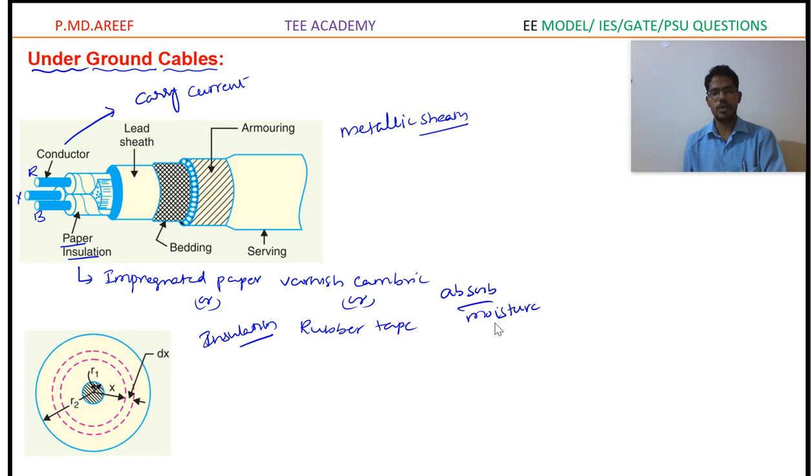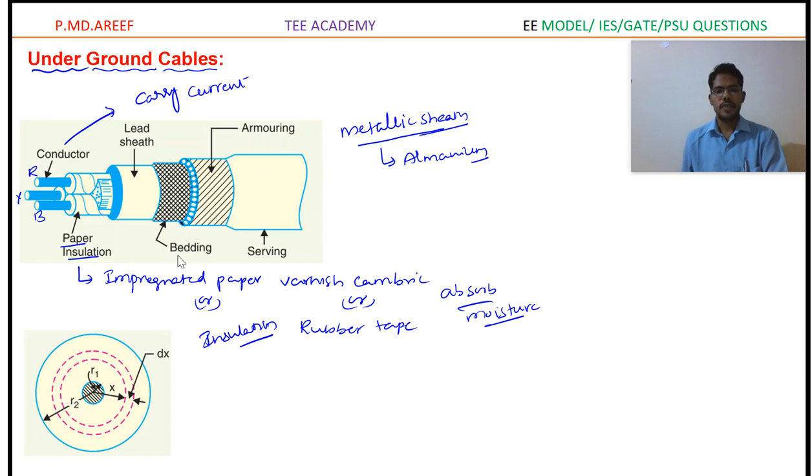To avoid this absorption of moisture, we use a metallic sheet or lead sheet. It is made up of aluminum, and it avoids the entry of moisture into the insulation material, so that the dielectric property of the cable will not be disturbed.